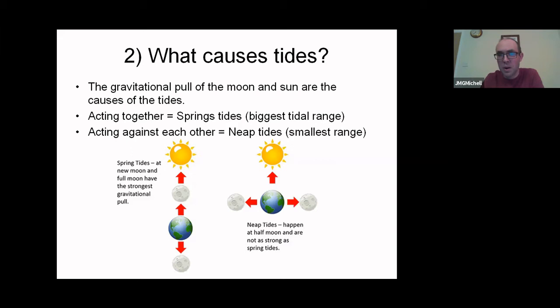So there can be fairly big differences between what you'll get on a neap tide and what you'll get on a spring tide. And you can generally tell whether it's springs or neaps because you're either looking at a half moon for your neap tides, or you're looking at a full moon or no moon if it's a spring tide.